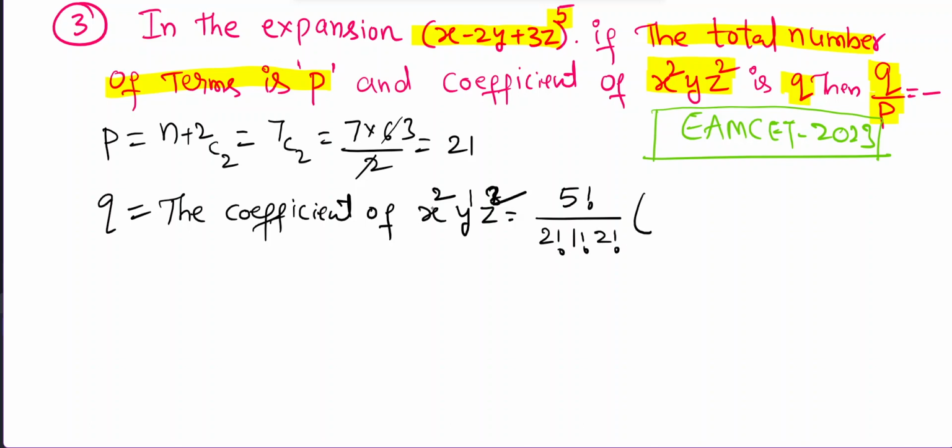Into the coefficient of x in the given expansion, that is 1 squared, and the y coefficient, that is (-2) to the power of 1, into the coefficient of z, that is 3 squared.